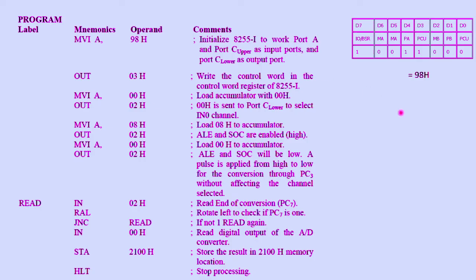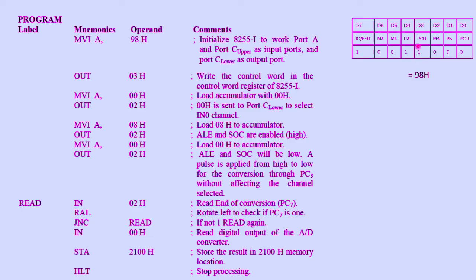So for that, we have seen the control format for the 8255 in input output mode. For input output mode, bit 7 necessarily should be 1. We are using port A in mode 0, that is why it is 0 0, and port A should be an input port, that is why PA is equal to 1.